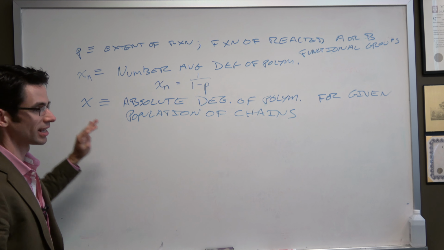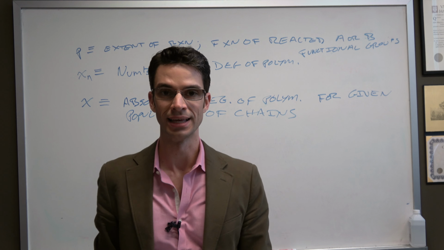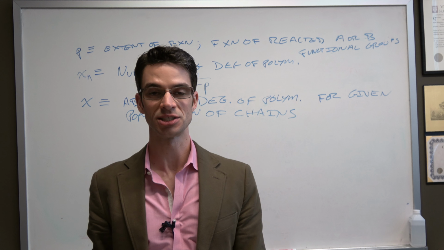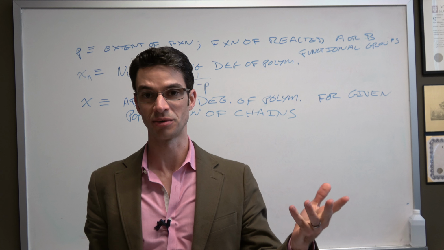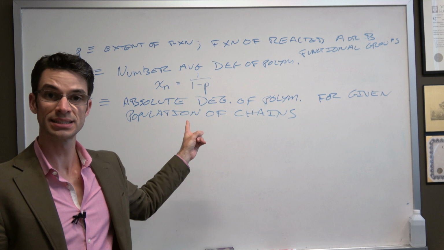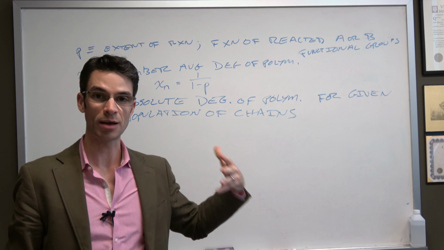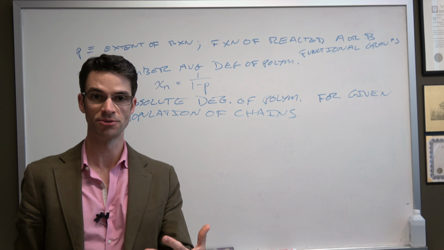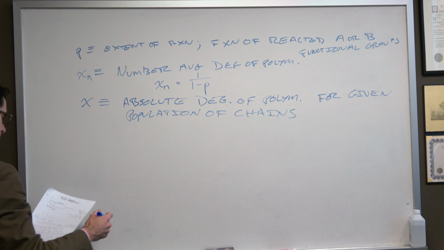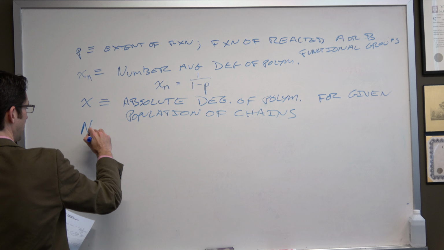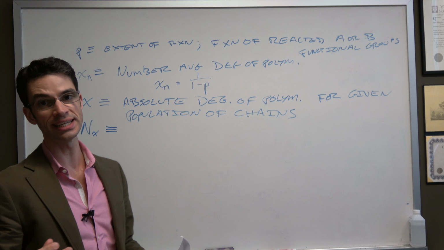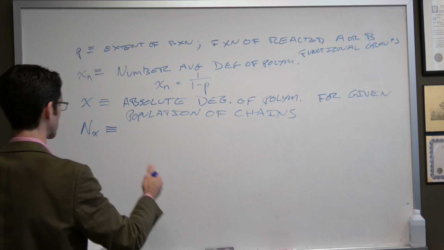At the very beginning of class, we talked about molecular weight and the difference between M sub n and M sub w. And in those calculations, we used i as the index because we always use i when we do summations. i is equivalent to x here. It's the absolute degree of polymerization for that population of which we are speaking. N sub x is the total number of chains in the system with degree of polymerization x.